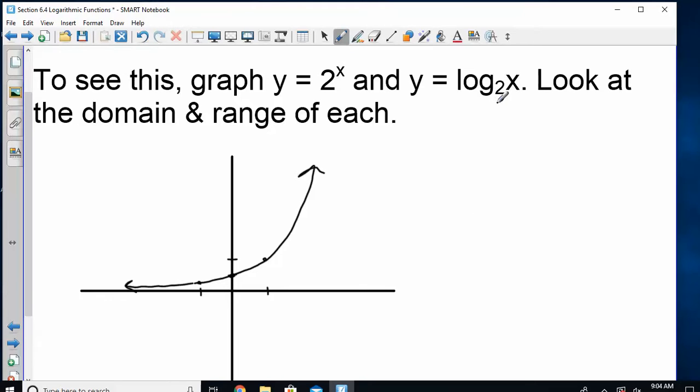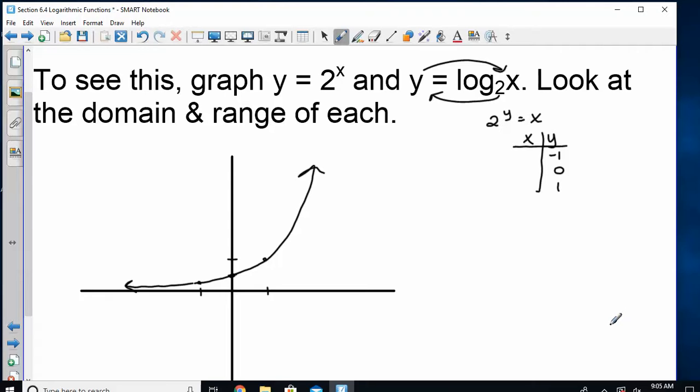If I said y equals log base 2 of x, we talked about how you can change that to exponential form. So it'd be like saying 2 to the y power equals x. If we made a t-chart, let's plug in -1, 0, and 1.